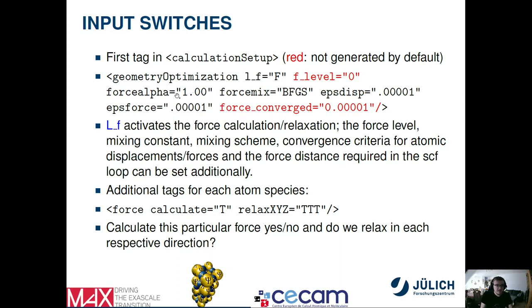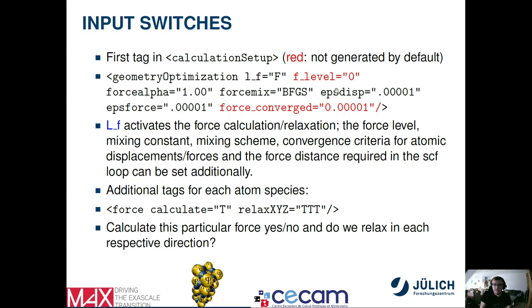You can set the force mixing, so how much of the old force you want to keep in each iteration. This is by default 1, so you only take the new force that is calculated. You can set the mixing key to BFGS or to straight mixing. And you can set the convergence criteria for a force relaxation, which I'm going to show you in the next chapter.